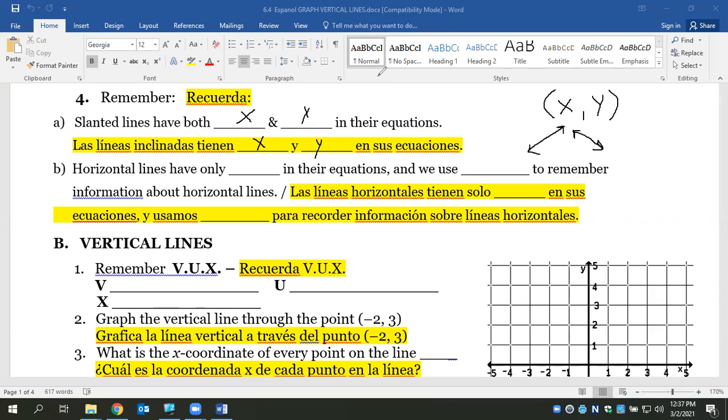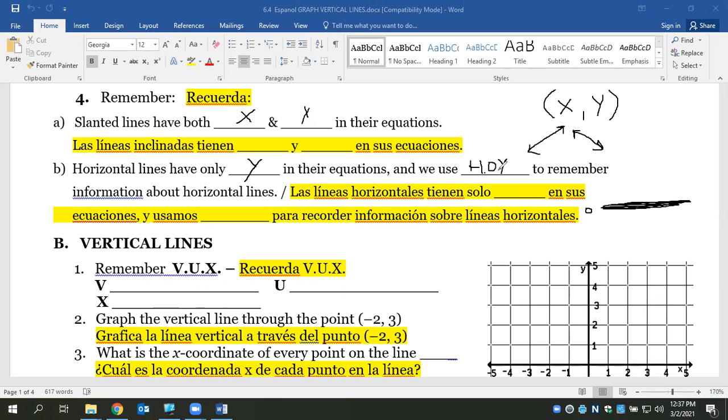All right. So you have that. Okay. So horizontal lines. Now, what's a horizontal line look like? Horizontal line is just straight across. So it's at 0, straight across. So there's no X. So it has only the y in the equation, and we use hoy.